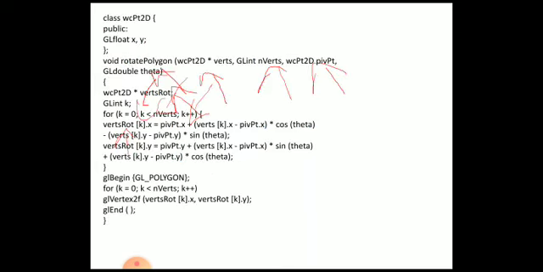And then x is nothing but the vertex value minus again the pivot value into cos theta, minus y, which is the y value of the vertex, minus the reference, which is again a pivot point, into the sine theta. So exactly this is represented in the form of the equation here.